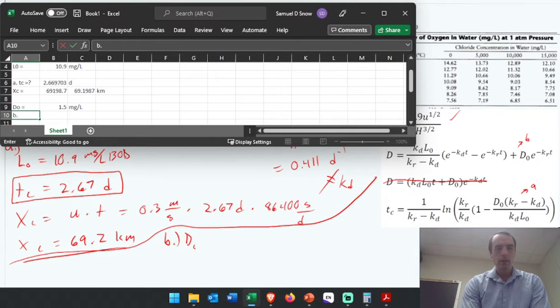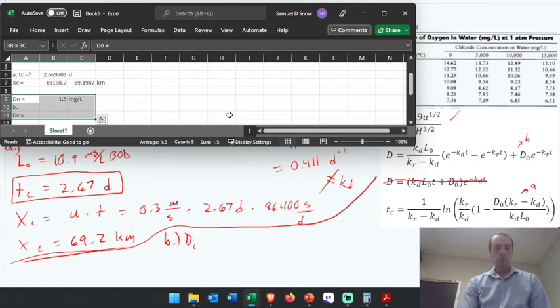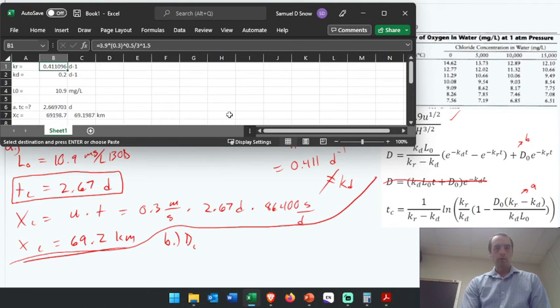Okay, so part B then, deficit at time critical is going to be equal to, you know what, I'm going to move this up here so it's easier.